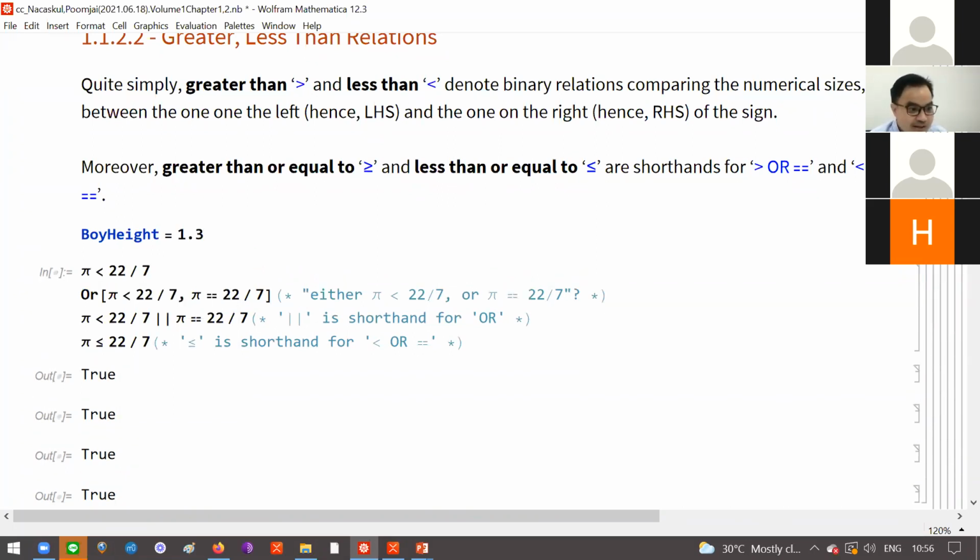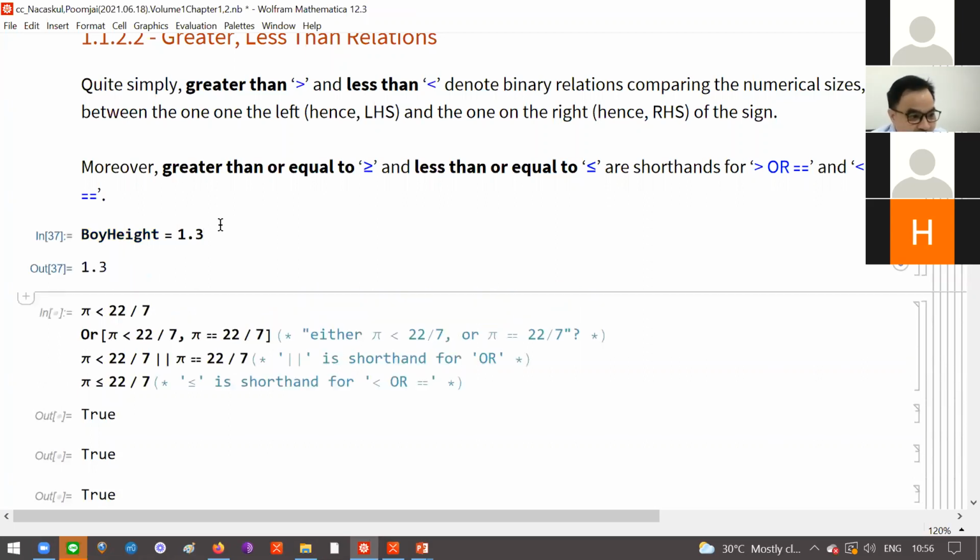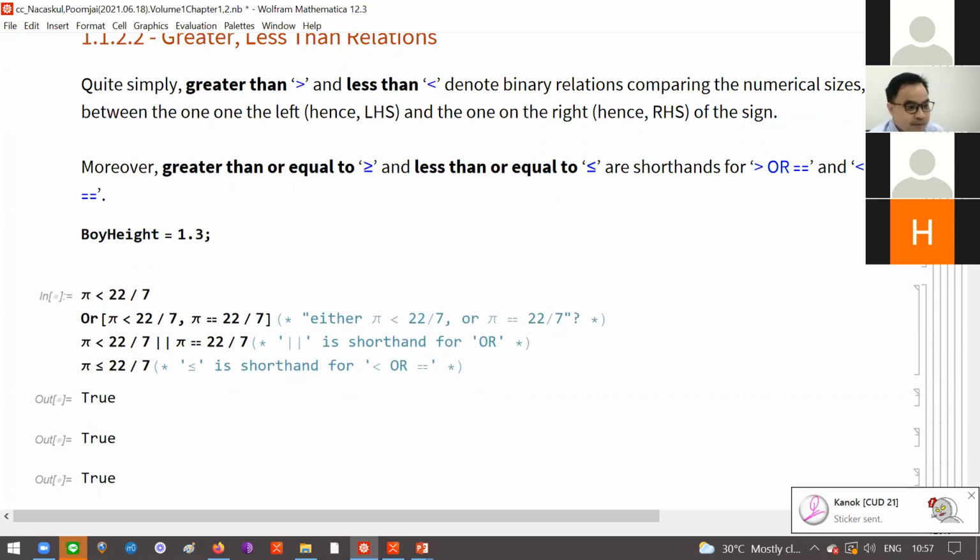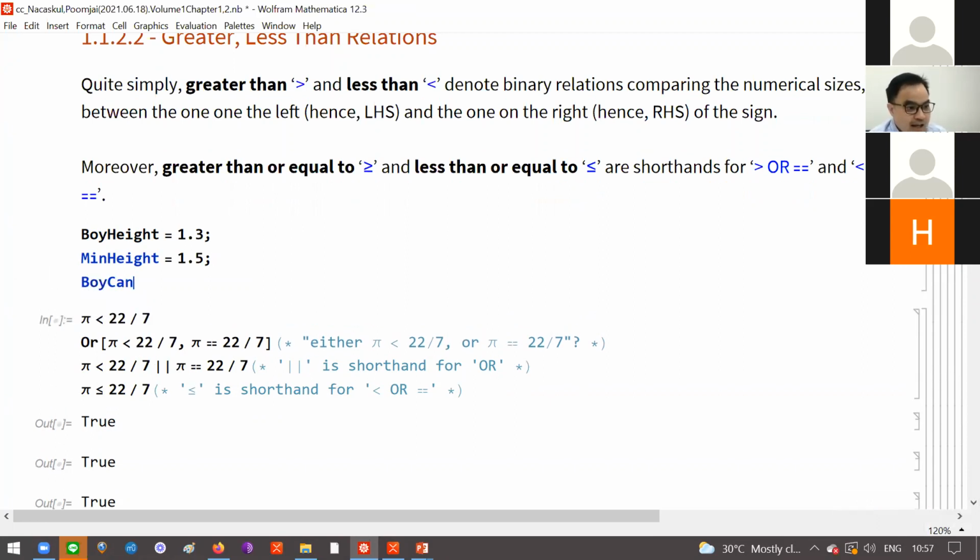By the way, if I did this, it's going to keep giving the answer, right? So if I want to silence it, I just put a semicolon. Boy's height is equal to 1.3. Minimum height, let's say you're operating an amusement park, 1.5. Boy can ride, enter this ride, is equal to: is the boy's height greater than equal to min height?